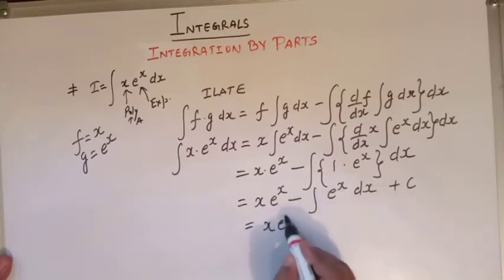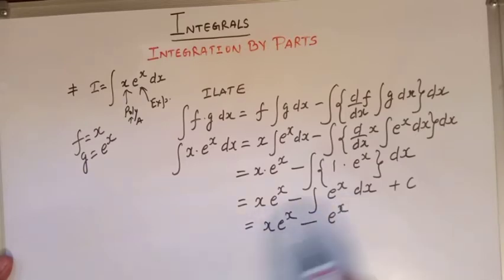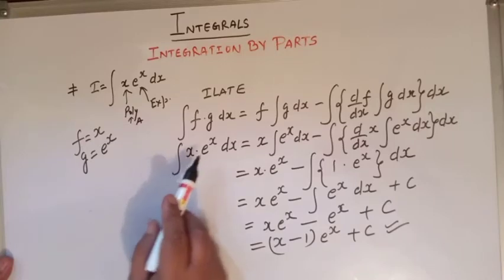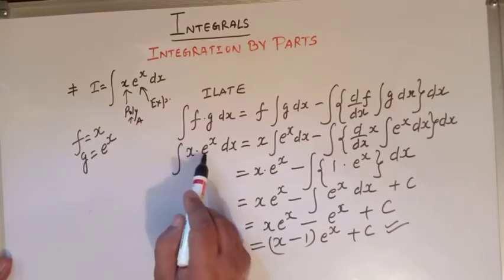So we can write x e raised to x, the integral of e raised to x is e raised to x plus c, and finally we write (x minus 1) e raised to x plus c. So this is the integral of the product of these two functions x and e raised to x.